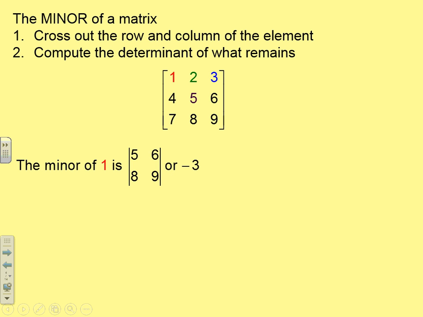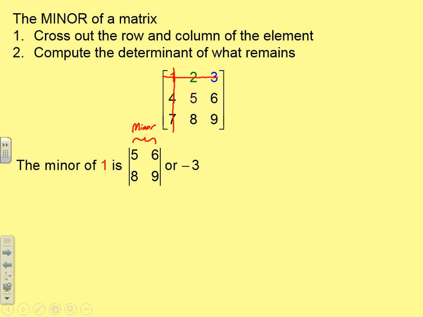Well, what I'm going to do is draw a line in the row that contains the 1, which happens to be row 1. And I'm also going to draw a line through the column that contains that number 1. And as a result, what's left over that doesn't have anything crossed out is the 5, the 6, the 8, and the 9. Well, the 5, the 6, the 8, and the 9, this is a minor matrix.